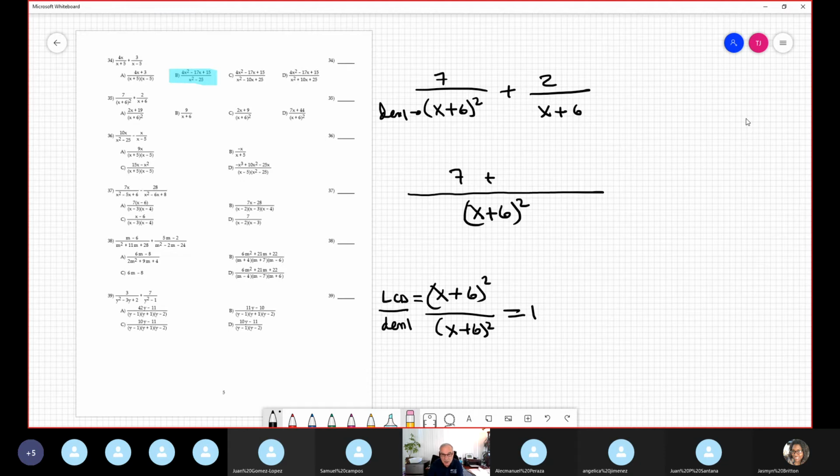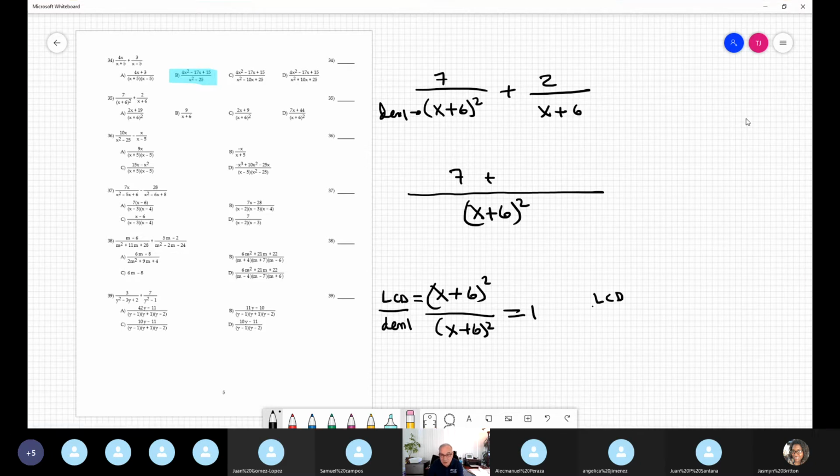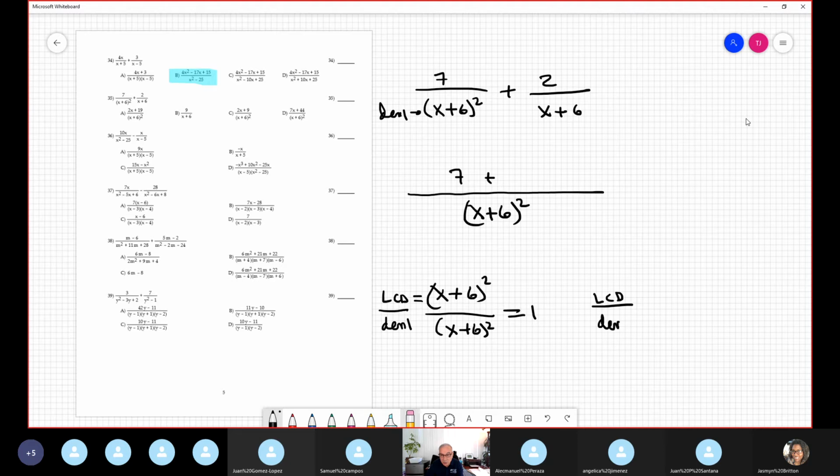And it makes sense because this fraction is equivalent to this; it's exactly the same thing. However, in the second division, when you divide the LCD, x plus 6 squared, by x plus 6 with no square, the answer is x plus 6. And x plus 6 times 2 is 2 times x plus 6. Do you follow me?